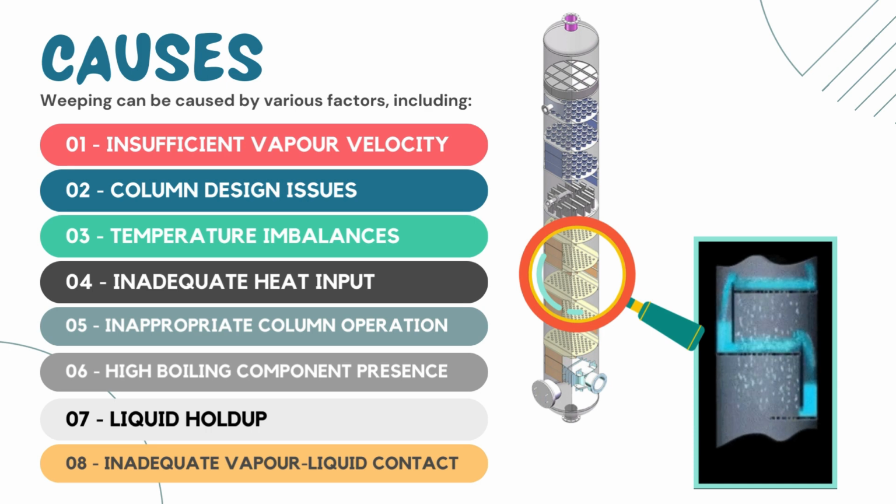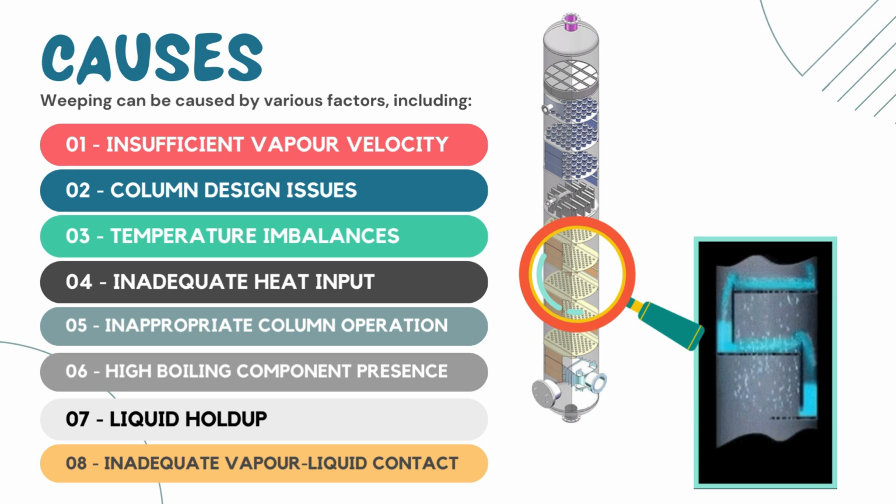Okay? Now talking about the third factor, which is temperature imbalances. Guys, non-uniform temperature distributions within the column can cause localized hotspots, and in these regions, vapor may condense prematurely, which contributes to the formation of liquid droplets and causes weeping in a distillation column. Okay guys?